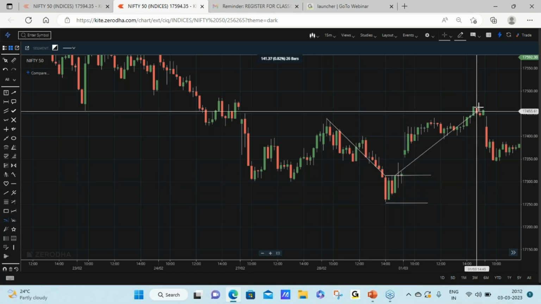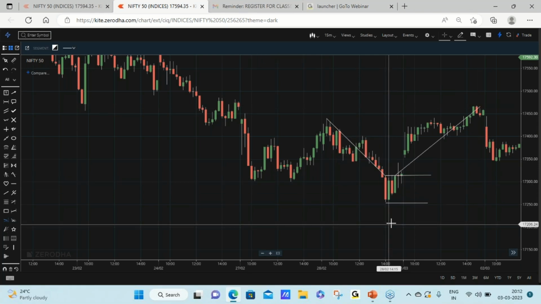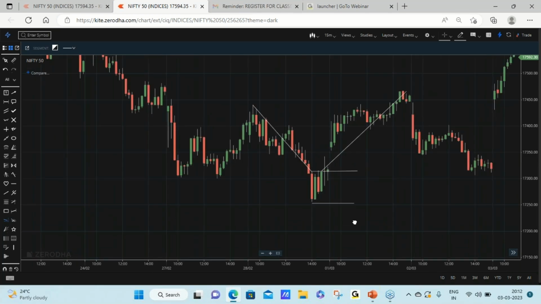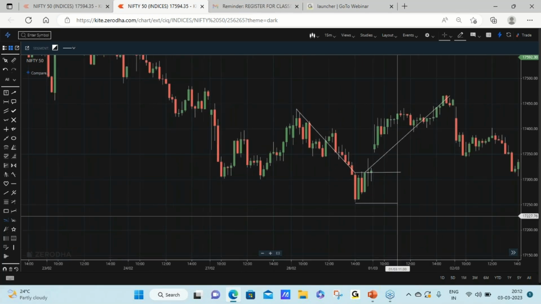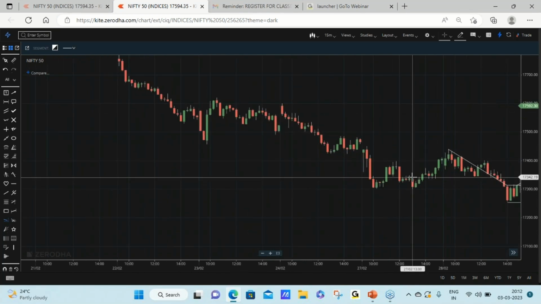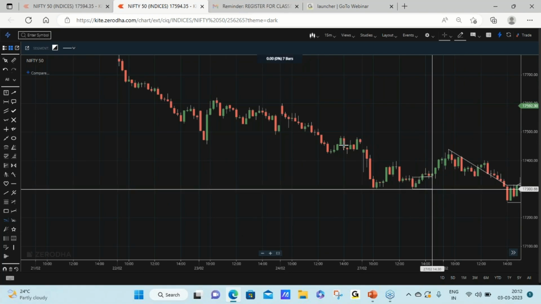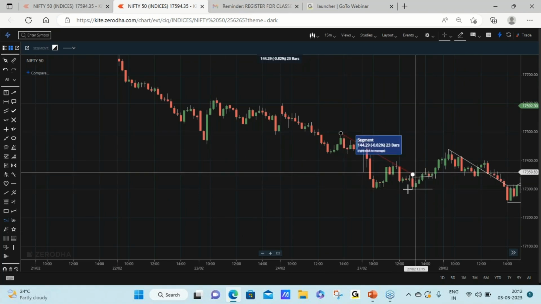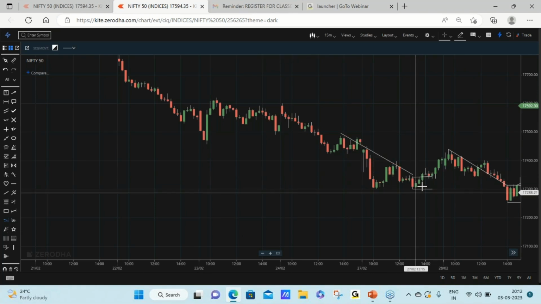Once high is breached, you can see how beautifully it went up. Yes or no? So can I consider this candlestick pattern to be bullish harami? We have a preceding downtrend and the location of the bullish harami is at the bottom of the downtrend.